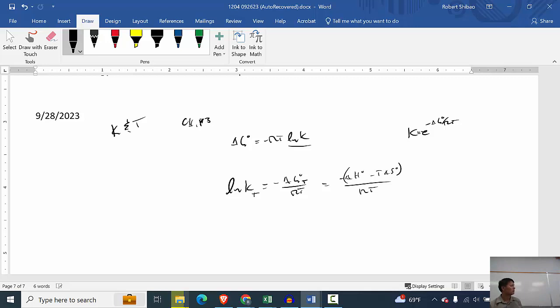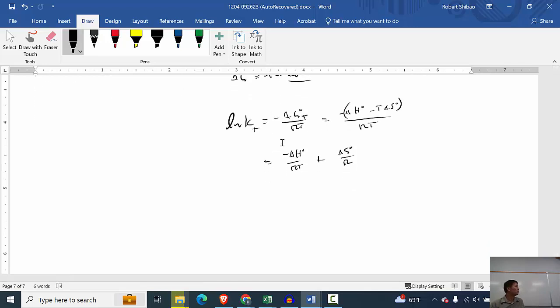And so this is going to simplify into what we saw earlier, that is minus delta H naught over RT plus delta S naught over R. We're going to get here. Then we can do this thing.